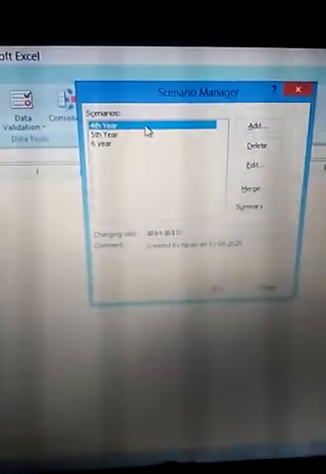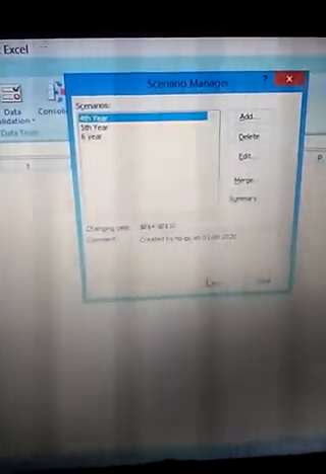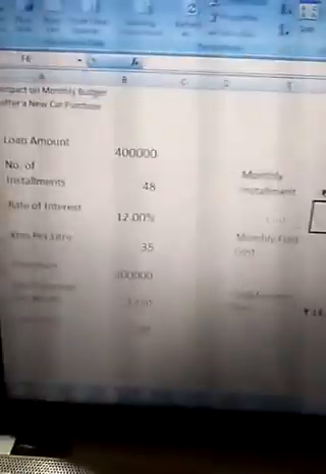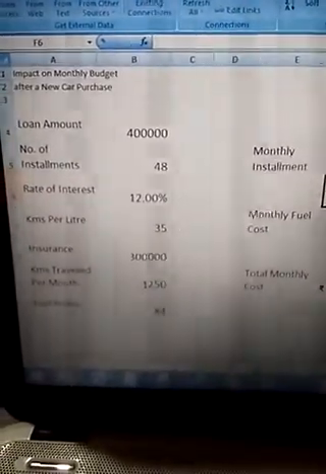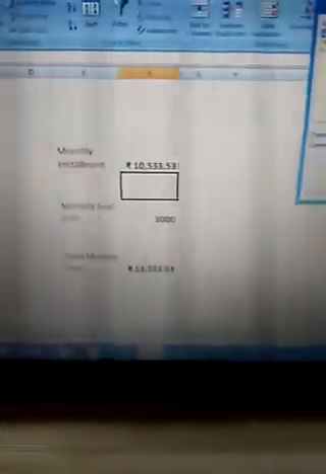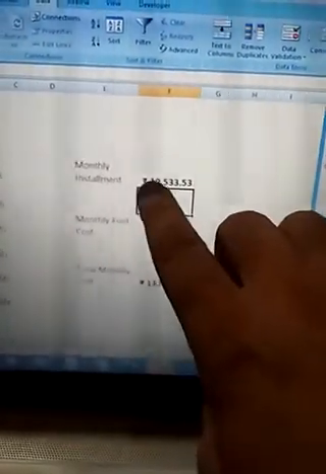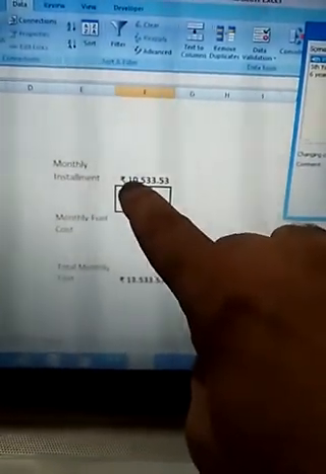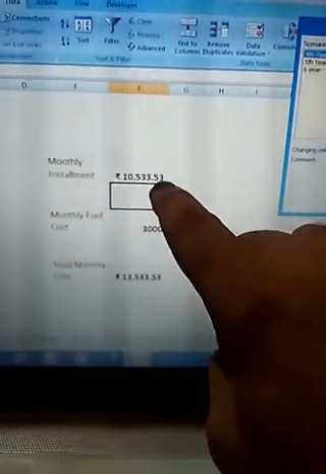Now to see these numbers of installments, select your 4th year and then click on the Show button. This is your Show button. When you click on Show, you will see that the number of installments is changed to 48, and the monthly installment is again changed. It is now 10,533.53.